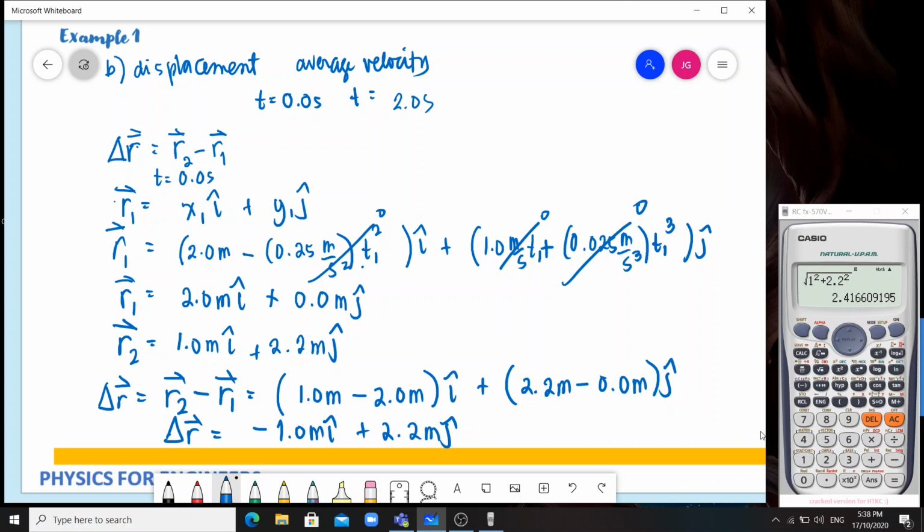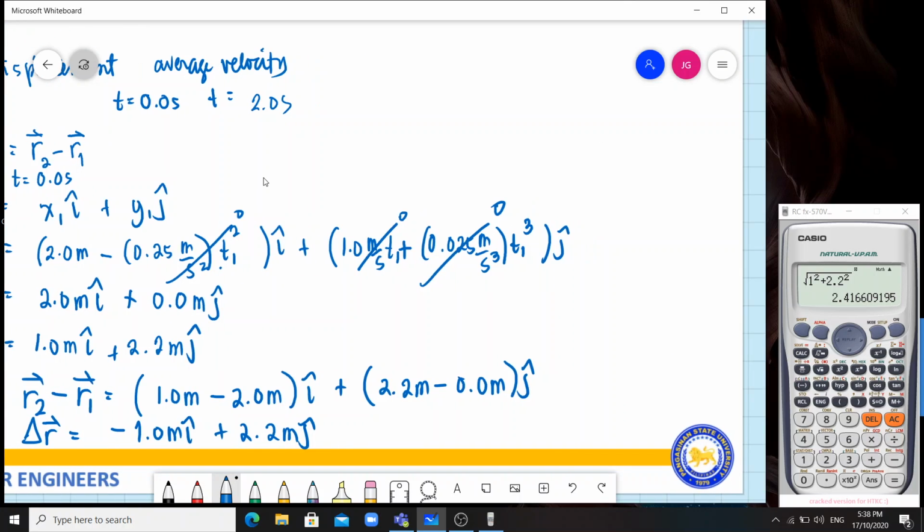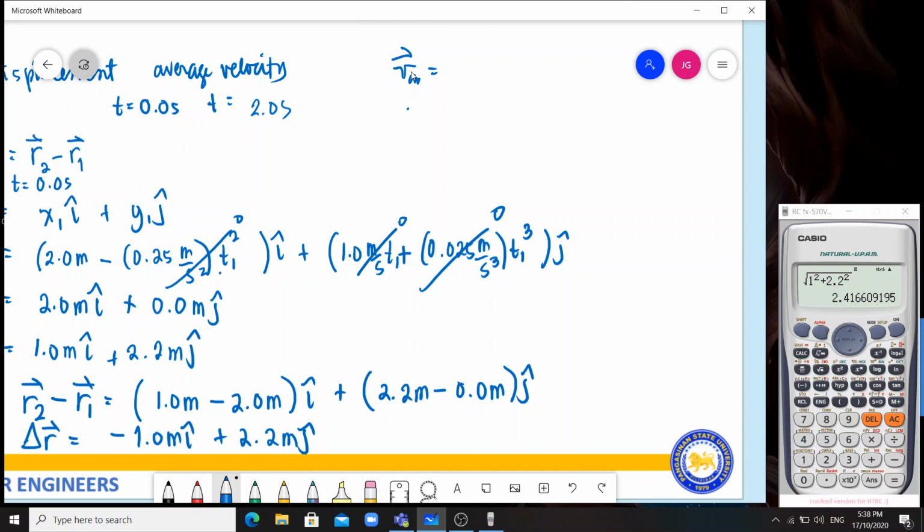Yan. Okay. Now, we will get the average velocity. Pag kukunin natin yung average velocity, 'di ba? Ang average velocity is equivalent sa delta r over delta t. Okay?